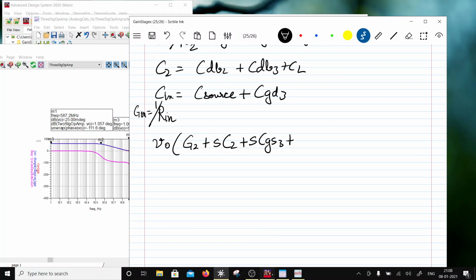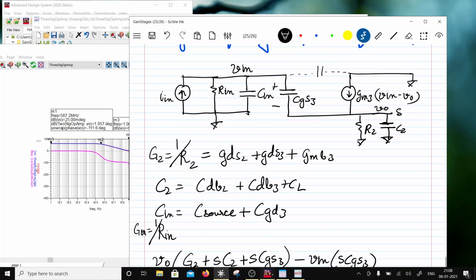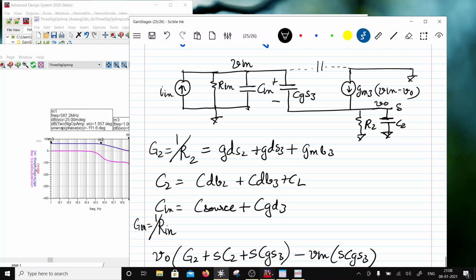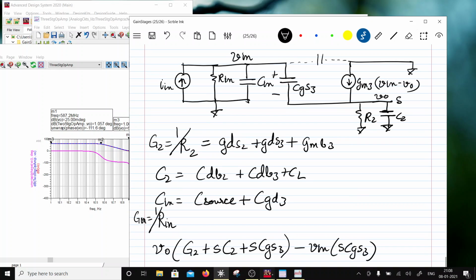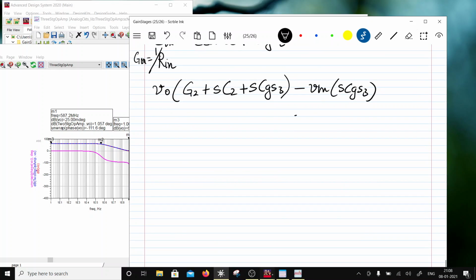SCGS3 plus, okay, so this thing, and then the adjoining term is V in, so minus V in times the intermediate CGS3, right? And then you have current flowing into the node, minus GM3 (V in minus VO) should be equal to 0.